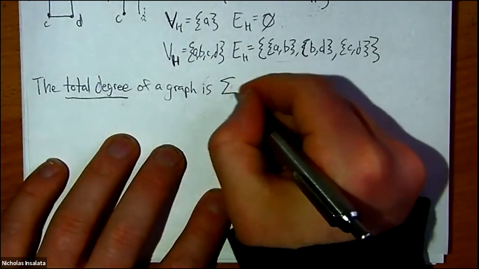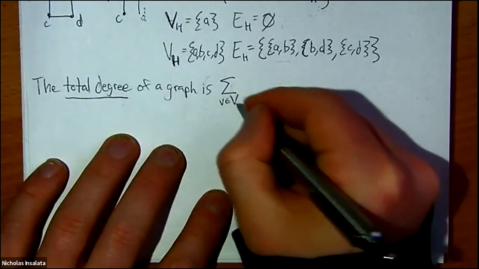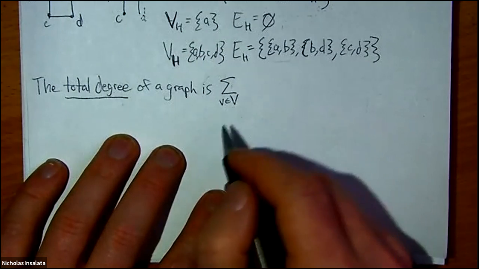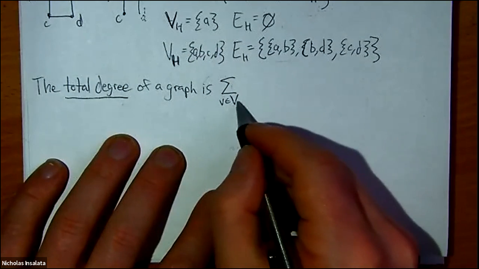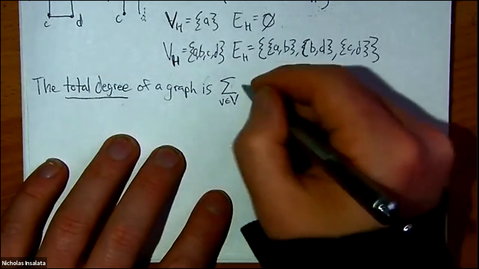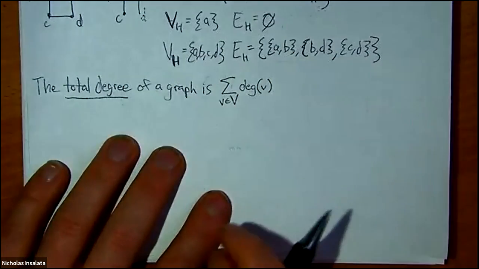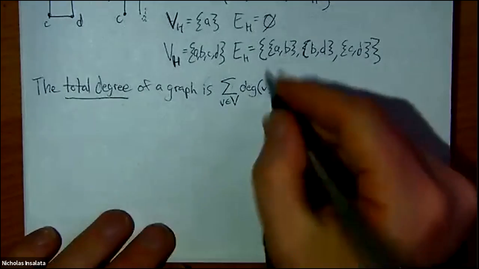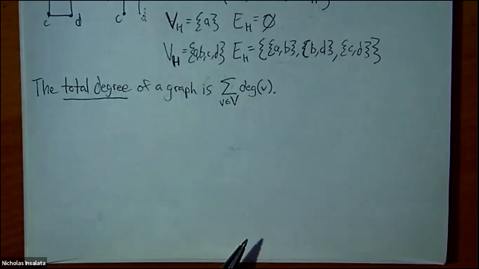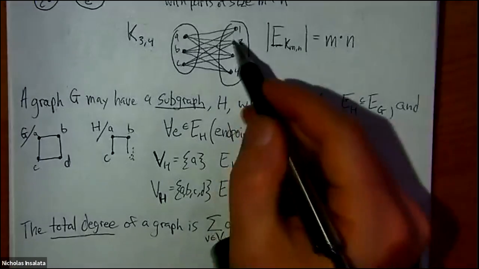So we're summing over the vertex set. That's a little v is a vertex, big V is the vertex set, right? We're summing over all of those, the degree of little v, right? So let's do an example. What's the total degree of K34?